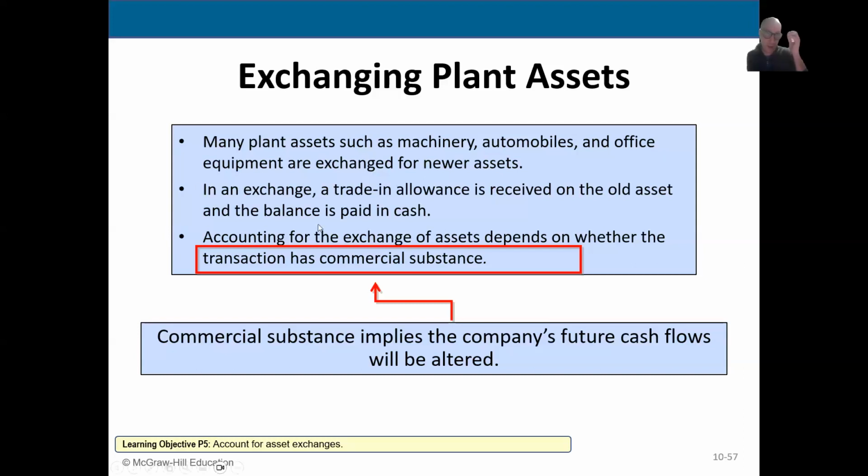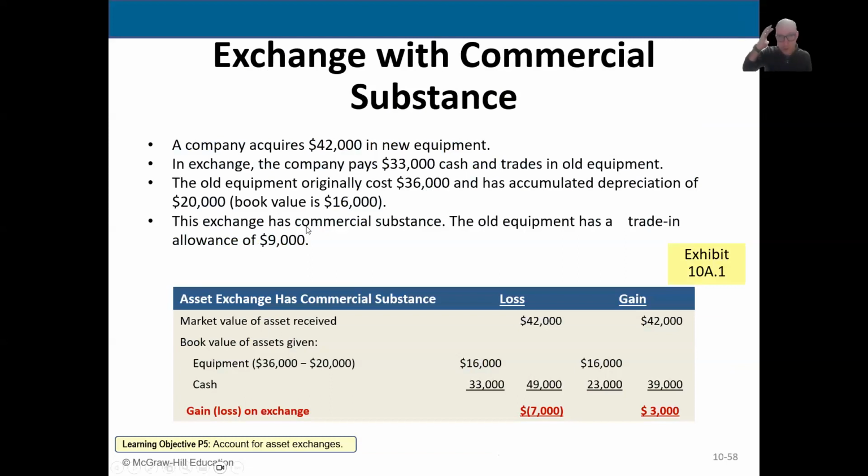And so, I wanted to show you this example because while it's rare, sure, it is a possibility. The value of each asset needs to be determined in order to understand the gain or the loss in comparison to the market value based off the exchange.